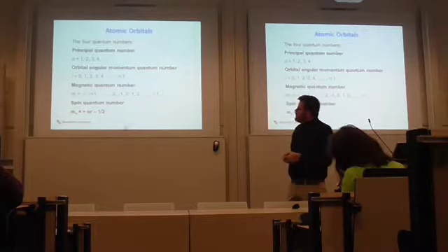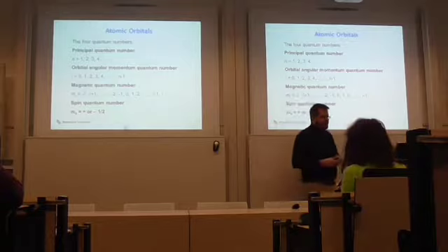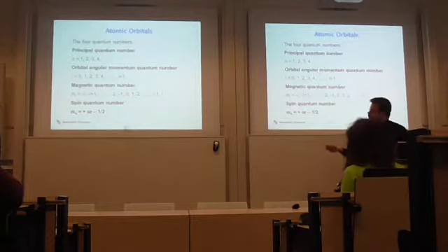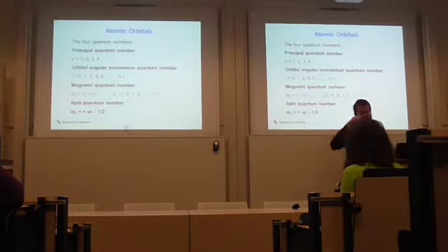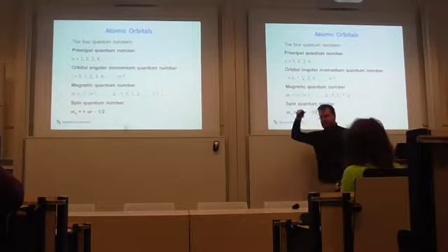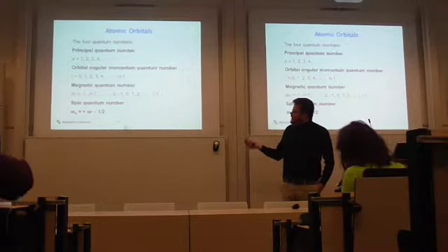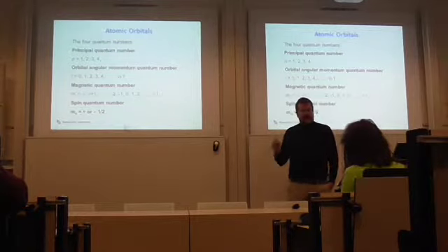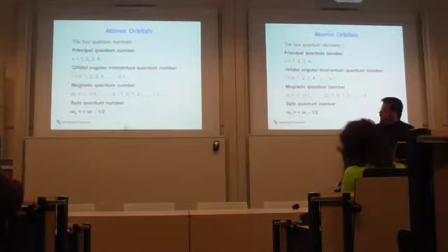The orbital angular momentum quantum number we define with the cursive L, and that depends on n. n is the principal quantum number, it's where we are in the atom, the principal energy level. L is the subshell type, and can have values from 0 up until n minus 1 for each n value. We're going to discuss in a minute what that actually means.